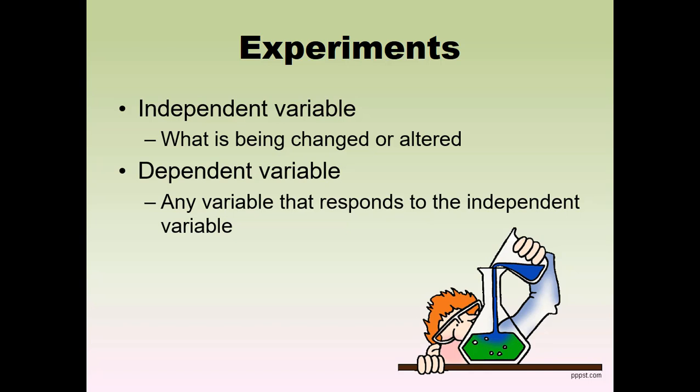And then when I turn the ignition, my car would turn over and hopefully start. Those would be dependent variables. So a dependent variable is also typically what we are measuring in an experiment. In this case, our main measurement was, did my car start or did it not? So keep in mind the dependent variable is typically what we are measuring.